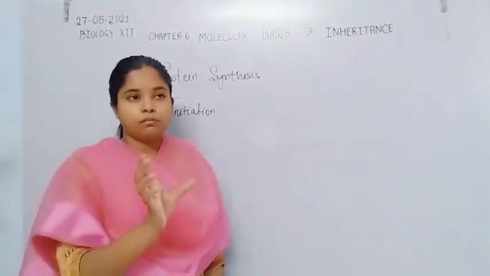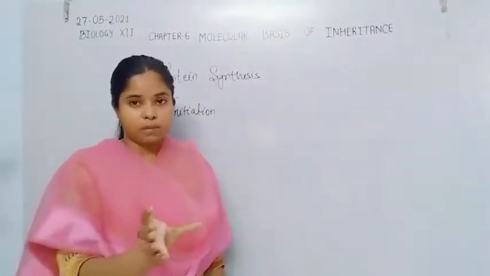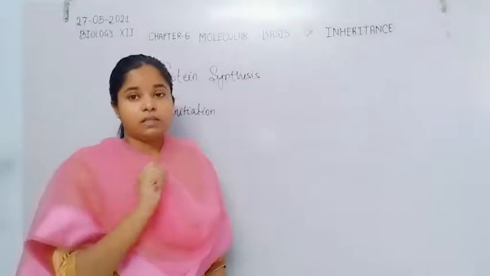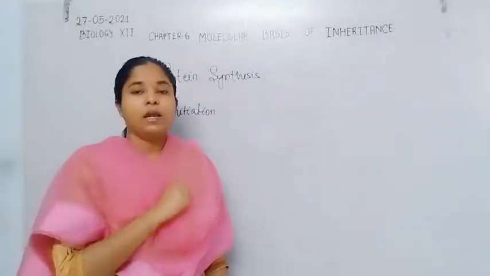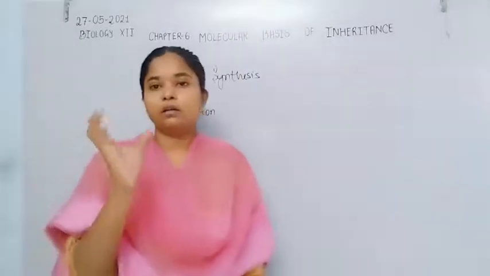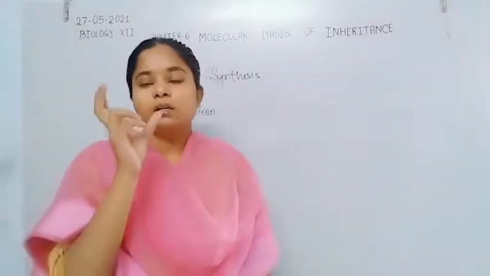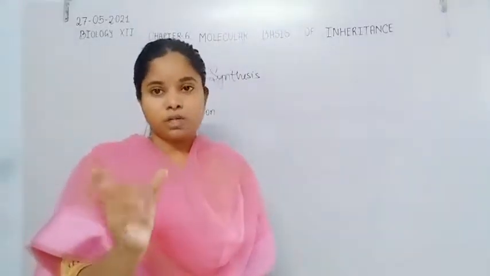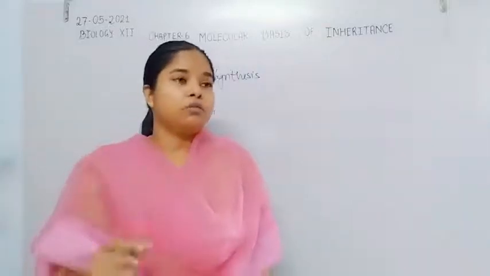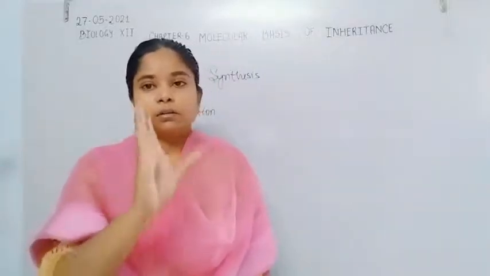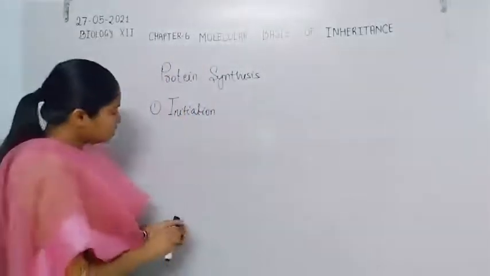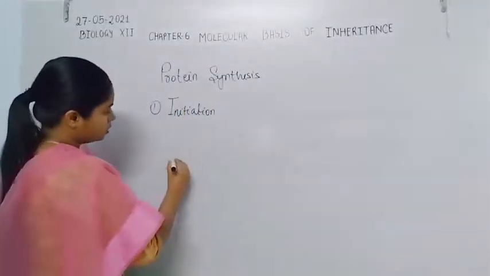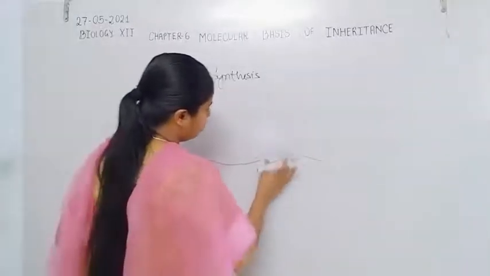First, the small subunit of the ribosome binds to the mRNA at the specific sequence. That sequence is known as the Shine-Dalgarno sequence, and it is mostly formed by purine nucleotides, about 8 to 10 nucleotides.